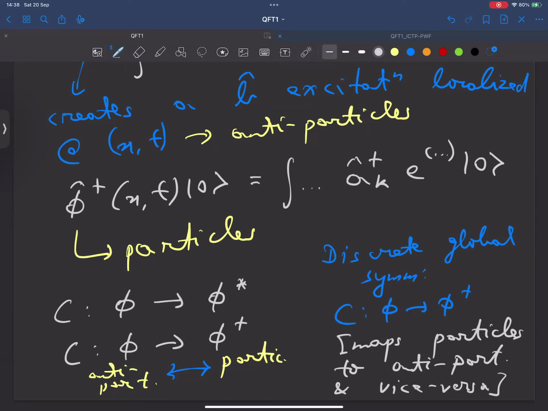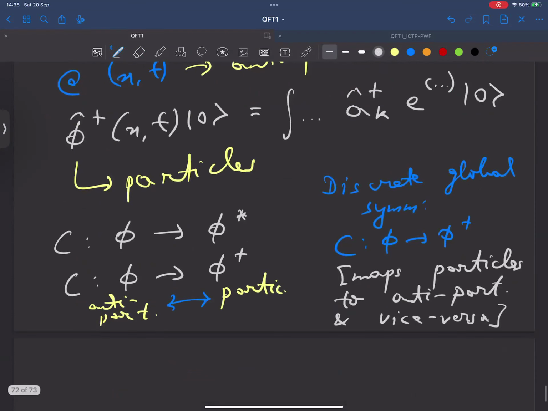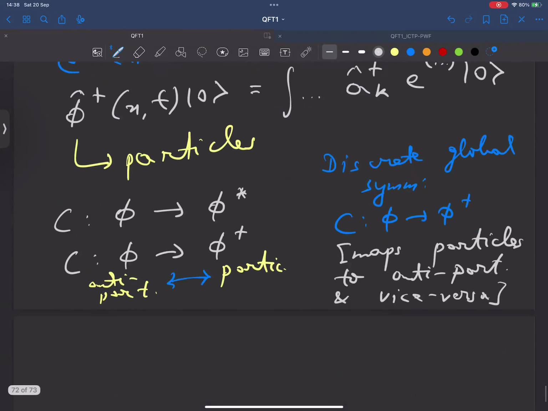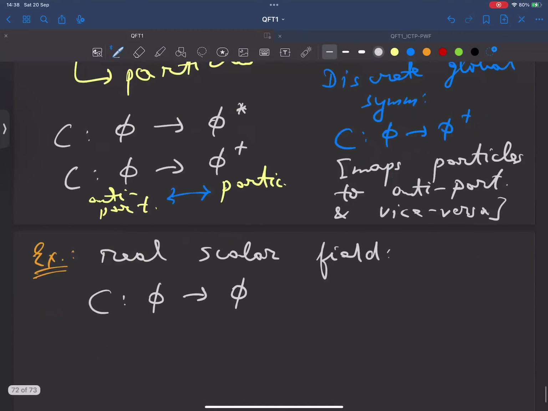Now, as an exercise, you can check that if you just have a real scalar field, then charge conjugation just maps phi to phi. And so here, a particle is its own antiparticle.